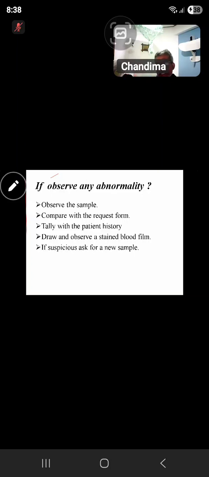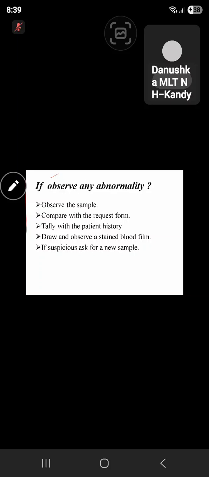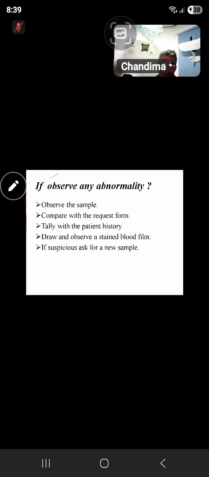Looking at the full blood count parameters, we can see it even in the film. At one point, you can see the cells are detached, and the distance between two cells becomes much bigger. It shows that the patient is having hemodilution.